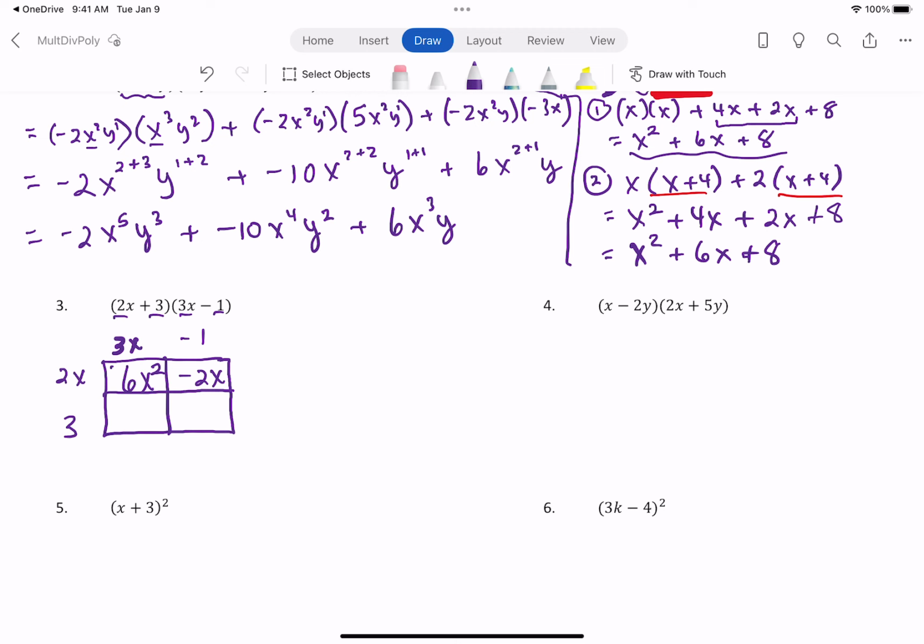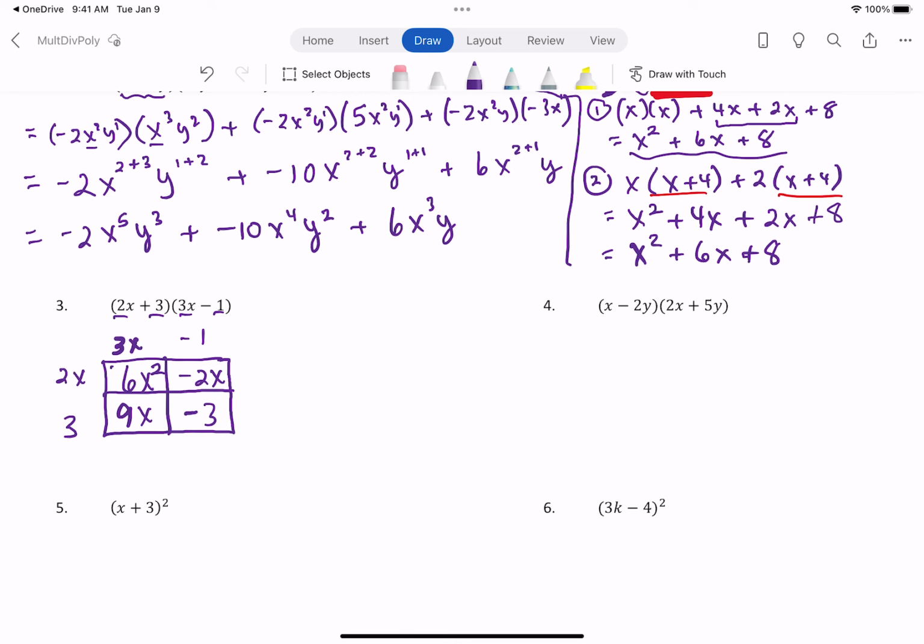In the third box, we have 3 times 3x. So 3 times 3 is 9, and the x comes down. And then finally, in the last box, we have 3 times negative 1 is negative 3. So you can see the methods are all doing the same thing. It's just slightly different methods.